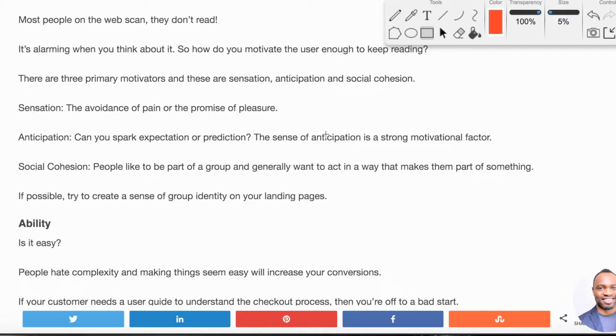Can you spark expectation or prediction for anticipation? And can you make people feel like they are becoming part of something? That's for social cohesion. All of these things help you motivate the visitor when they land on your webpage.